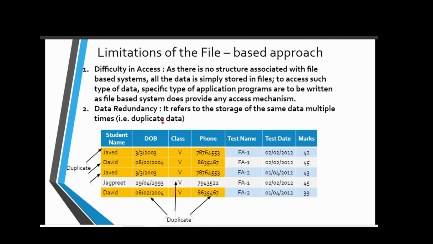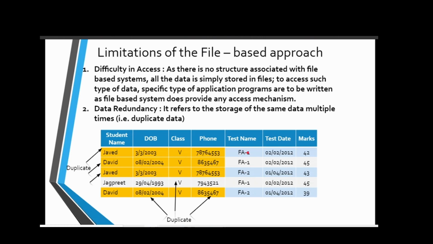In the file based system, we were having data redundancy. As you can see on the screen, student name, date of birth, class, phone number, test name, test date and marks are written in this database. Here Javed and David, the students' names, are getting repeated. Why? Because we have to mention the test name, and one student can give multiple tests.